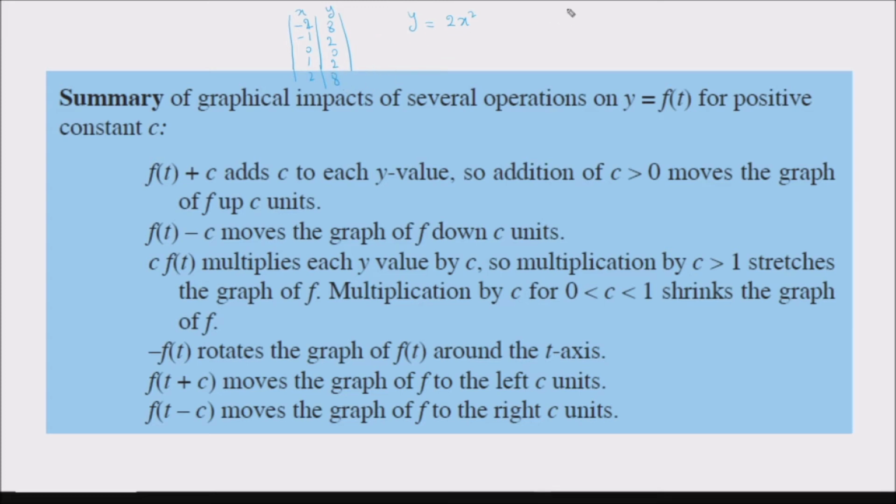So if I draw this on a chart, what I get is the 0, 0 position, and then 1 and -1 give 2, somewhere here. For 2 I get a really big number, 8, and then 2 somewhere here. So if it is 1, it's 2.